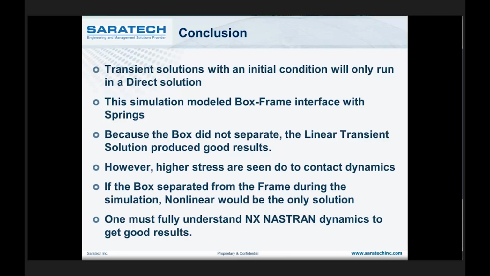However, higher stresses are seen due to contact dynamics, and I'd be comfortable with these low stresses of running a transient and not going to nonlinear. If the box separated from the frame during simulations, a nonlinear would be the only solution. And so when you're running this in a transient, you're going to need to look at the accelerations on the box to see if those accelerations are exceeding gravity, and then you know the box is separating.